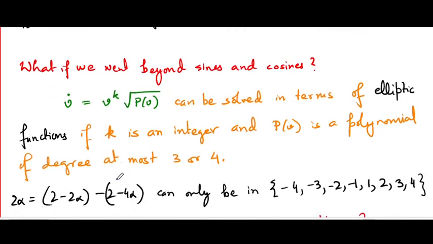Now, we would again look at 2 alpha, which is a difference between two of the powers that are there in the expression for v dot square. And since we can have polynomials under the square root which are at the most of the order 4, this 2 alpha can have a magnitude which is bounded by 4, which means it can have 8 possible values, minus 4 all the way up to plus 4 in integer steps, leaving out 0, for a reason we have already discussed before.